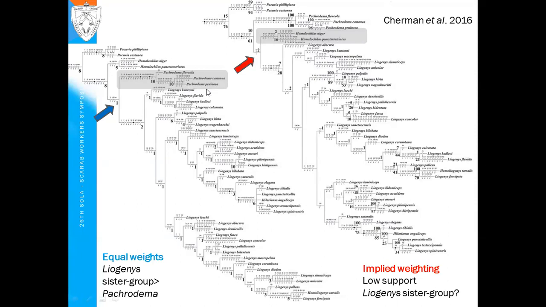This result was different from the hypothesis using implied weighting, in which Homalochilus came up, even with low support, as the sister group of Lyogenys.